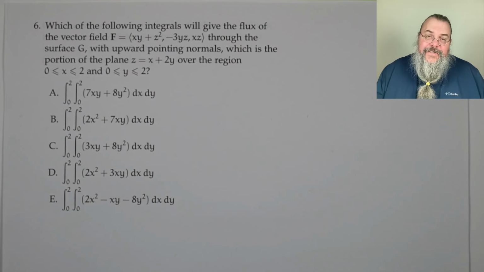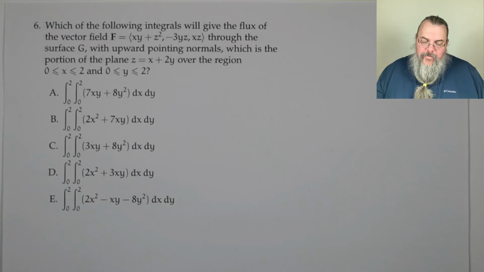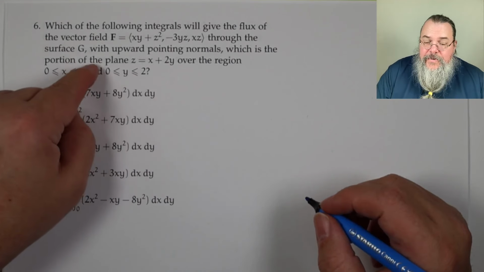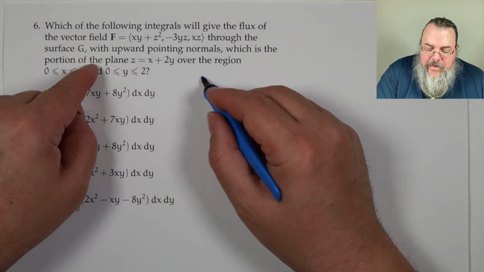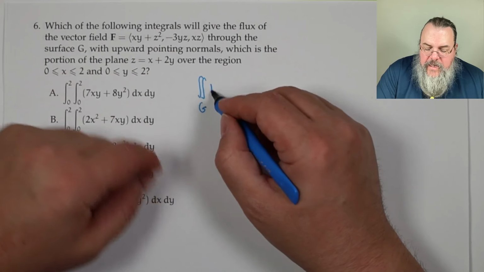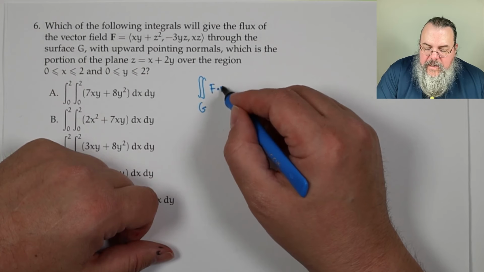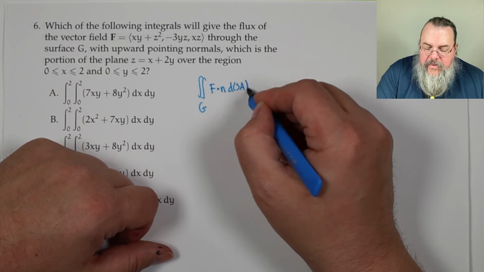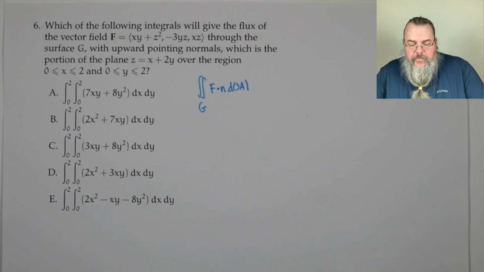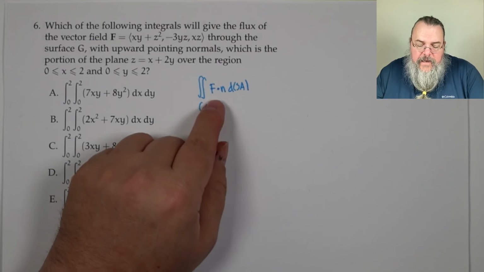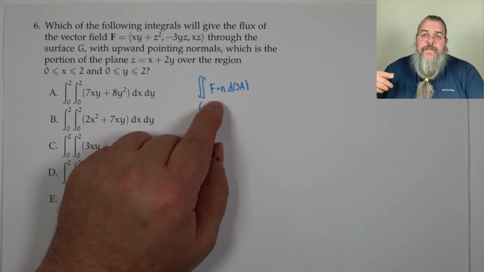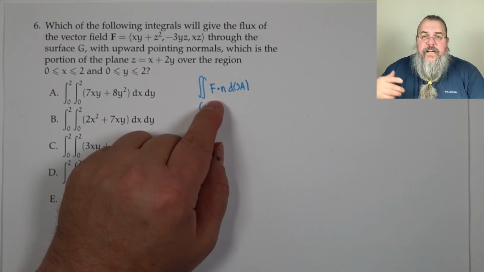And all of this is to say, do you recognize this? So, here's the thing. When we talk about flux through a surface, what we're really talking about is adding up over our surface F dot n dS. That's what computing the flux is. So you can think of F as recording a direction of movement in some sense and a rate of movement.